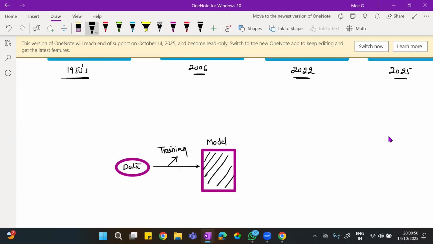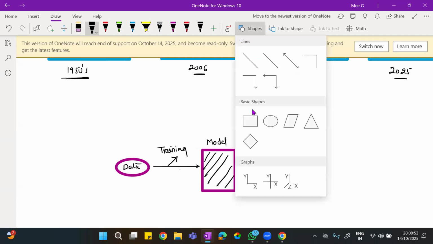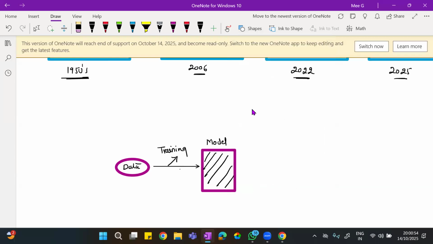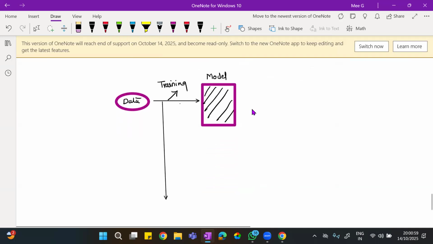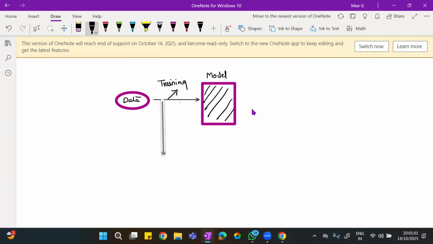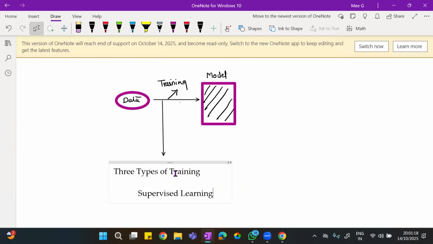Okay, training. Now, this training process is classified into 3 types. Okay, there are 3 types of training. First one, they call it supervised learning.